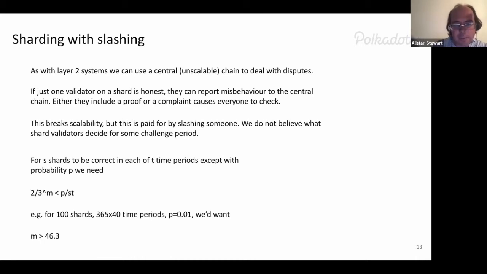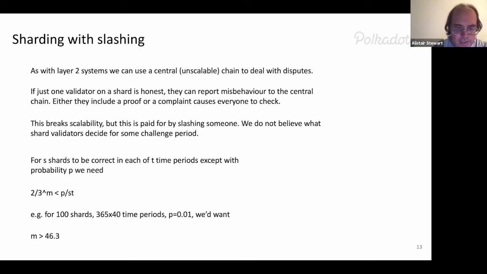So now if we want just one honest person, the number's a lot better, right? Because now instead of this thing we got from Hoeffding's inequality for 2/3 of people being honest, we can assume 2/3 honesty for the whole system, and we get 2/3 to the number of guys per shard being smaller than the probability that we need for this never to go wrong in 10 years across all 100 shards.